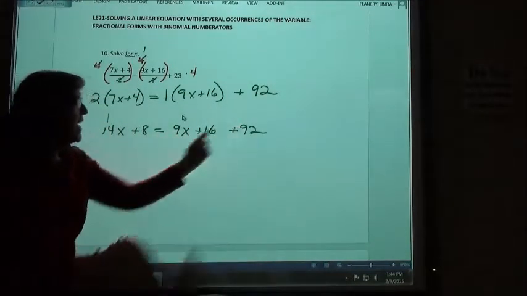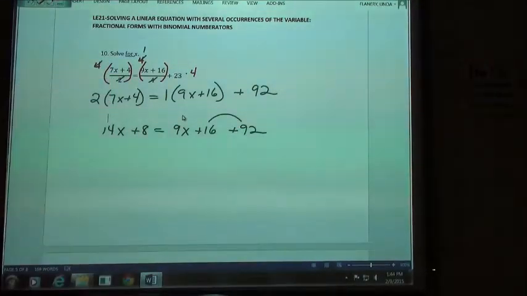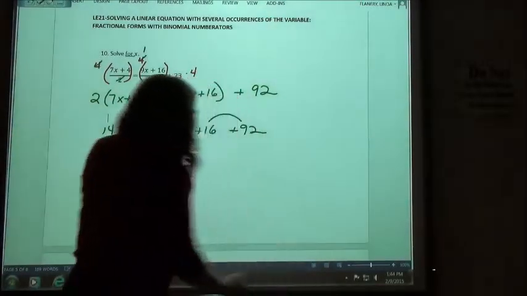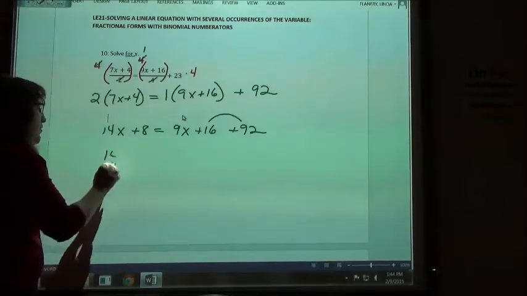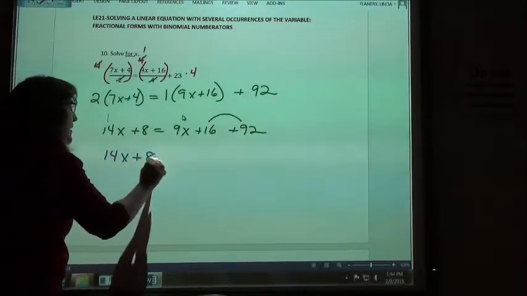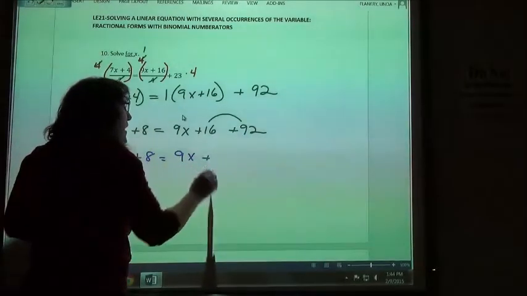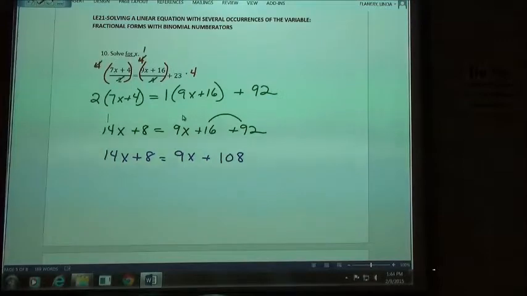But the right-hand side has 3 terms, which tells me I can put some stuff together. I'm going to add my numbers together. I'm not changing any signs because they're not moving to a different side of the equation. I'm just combining them. So 14x plus 8 is going to equal 9x plus, if I add those together, I'm going to get 108. 16 plus 92.